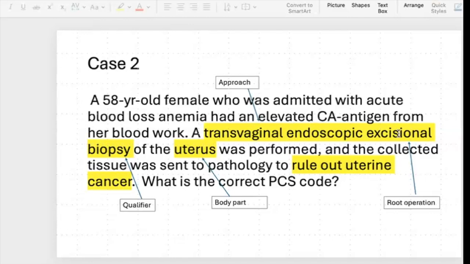Go to excision in your index, and let's look for the body part. Uterus. Okay, excision and looking for uterus. All right. Excision, uterus. Tell me, guys, what are the first four characters?